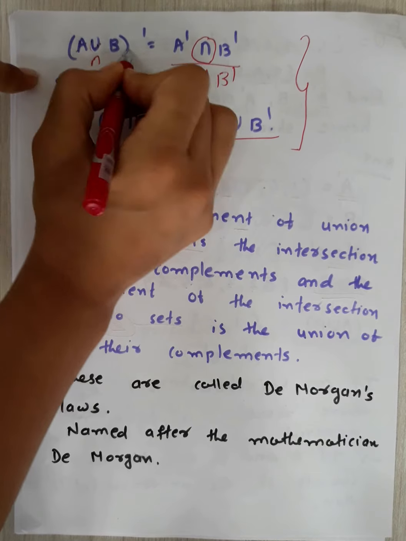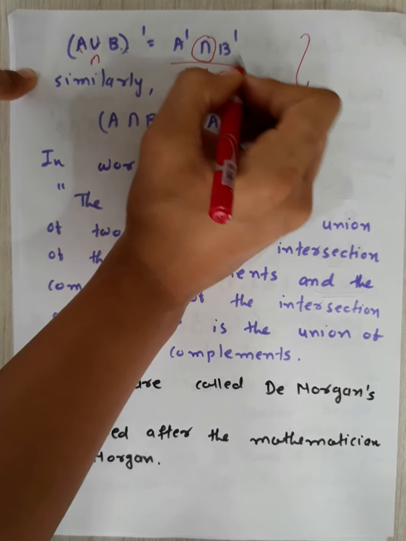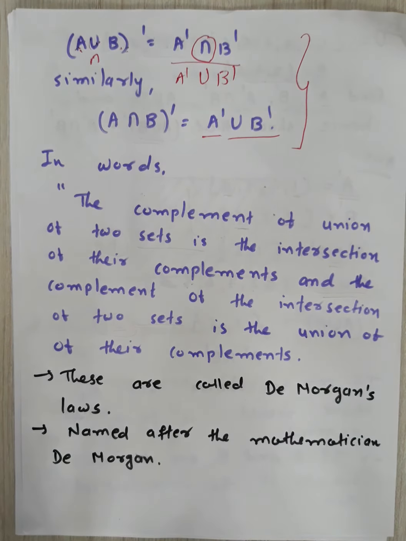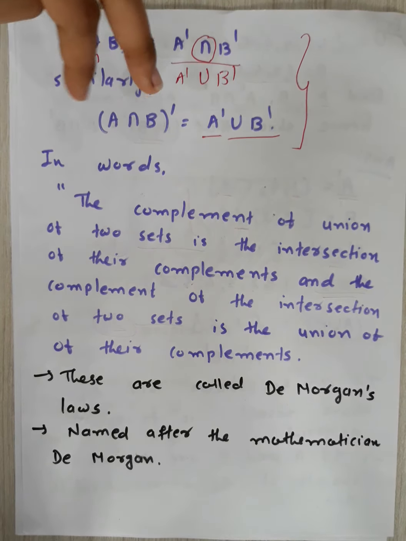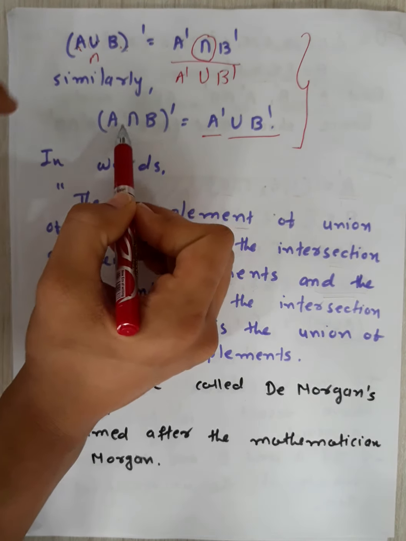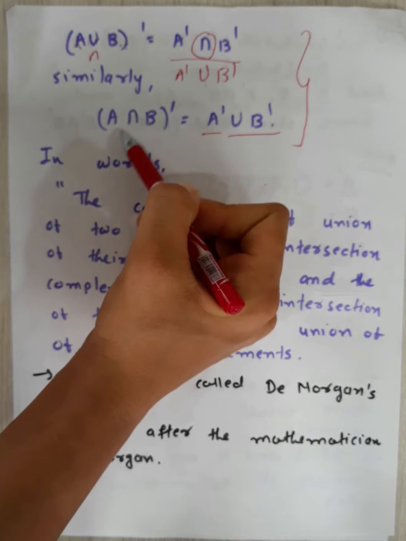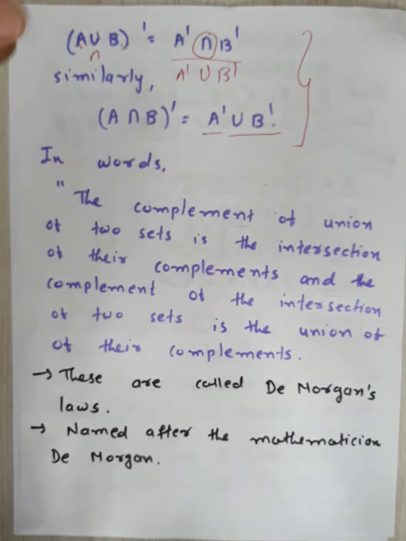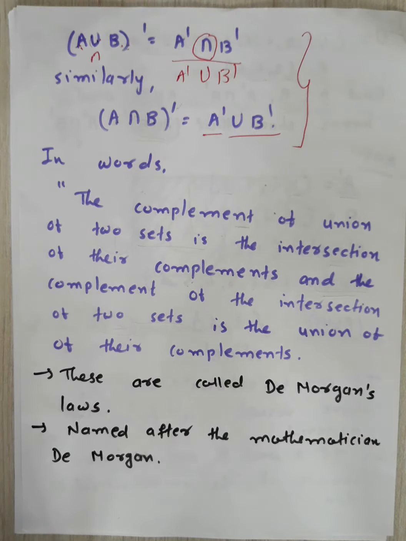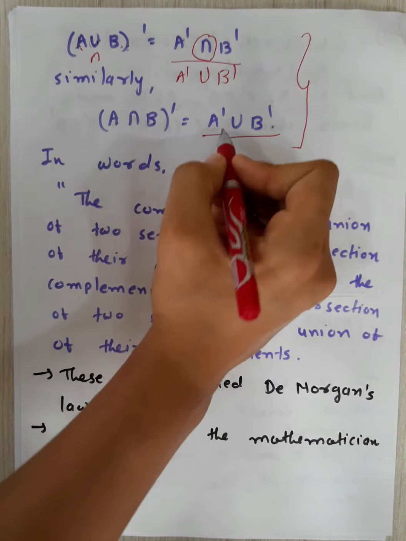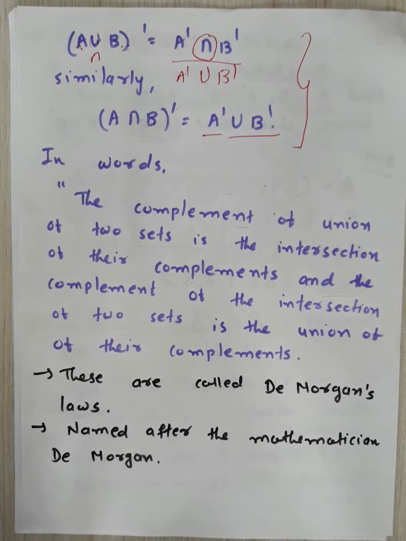And the complement of the intersection of two sets is the union of their complements. Their complements means the complements of A and B.